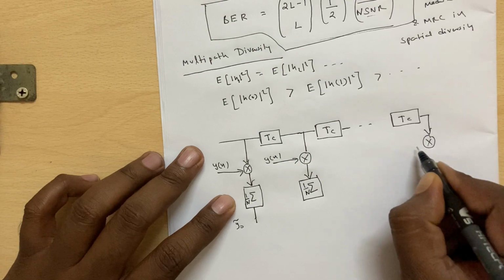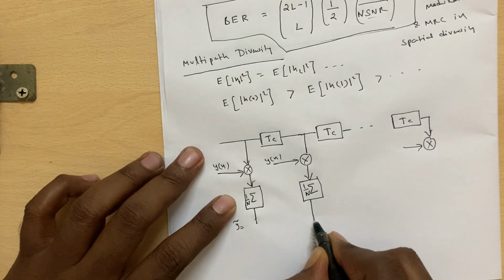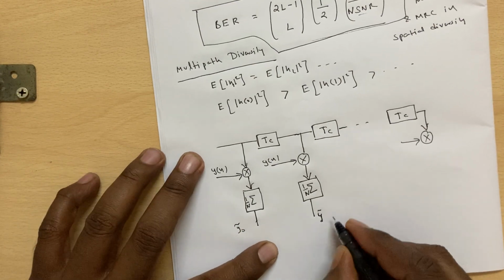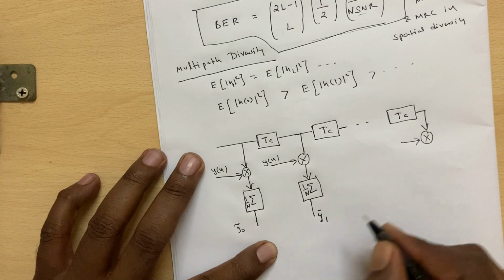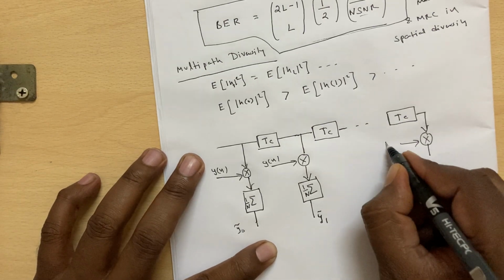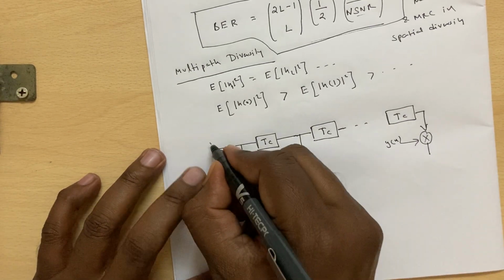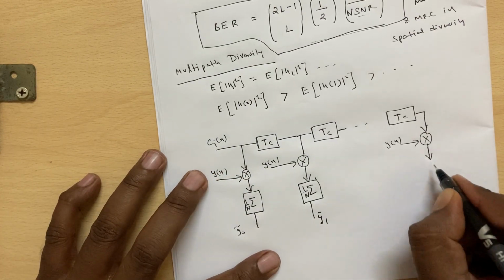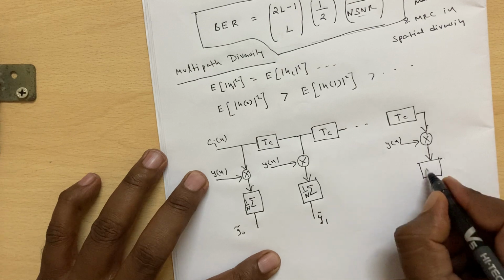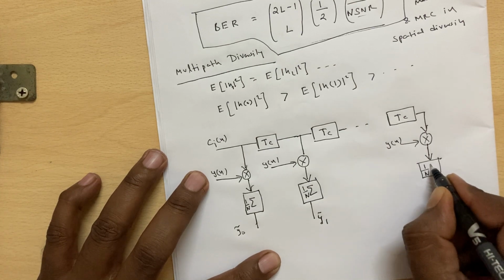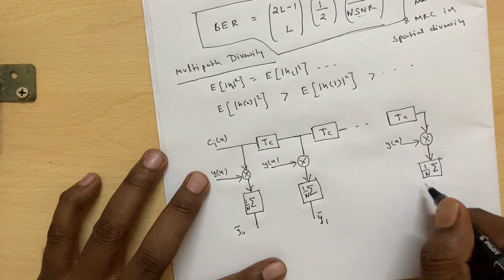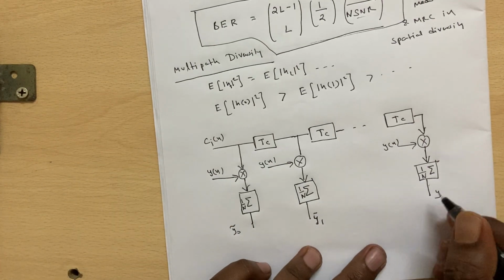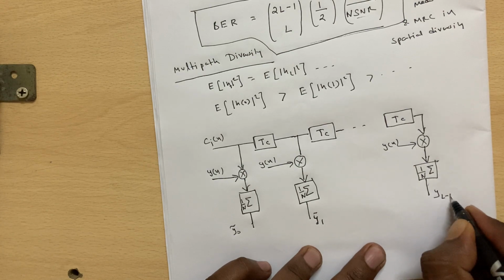y tilde of 1, and here this is also y of n, and this is the c of n, so this is 1 by N, and this is y tilde of L minus 1.